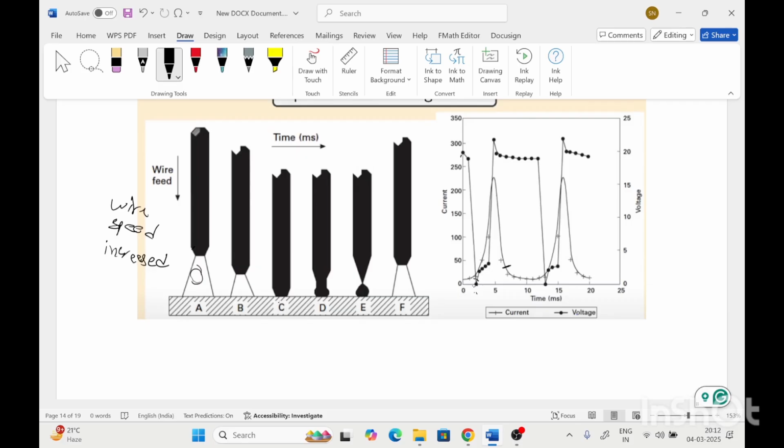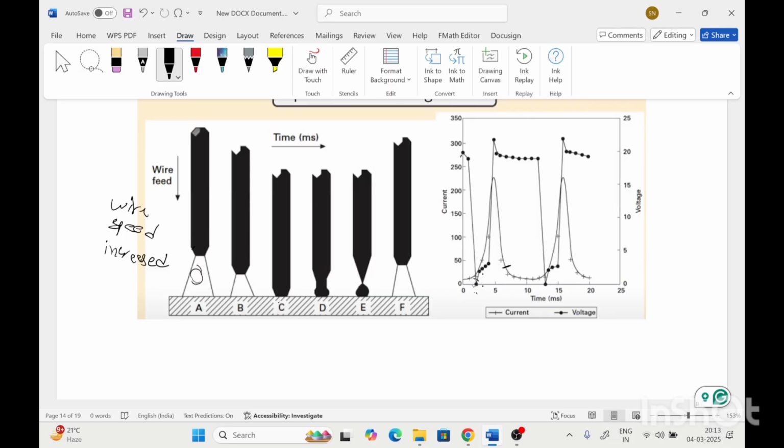any accident. Because of this, we have to keep the current low while reaching the workpiece.